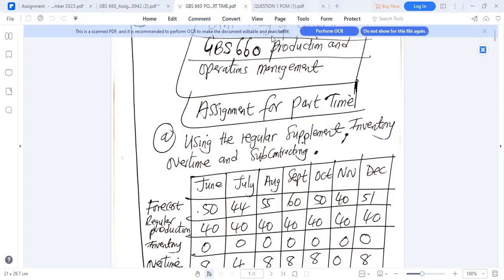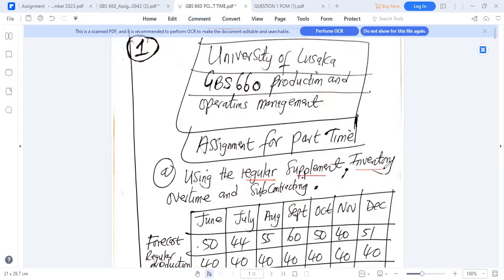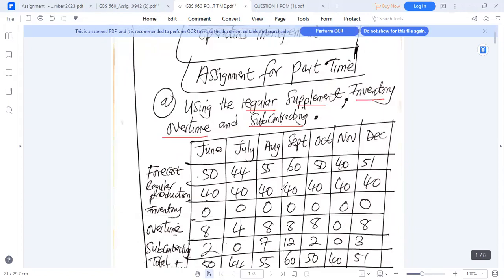So for this one, we can see that we are using regular, supplement inventory, overtime, and subcontracting. The forecast for demand from June, July through December were given.